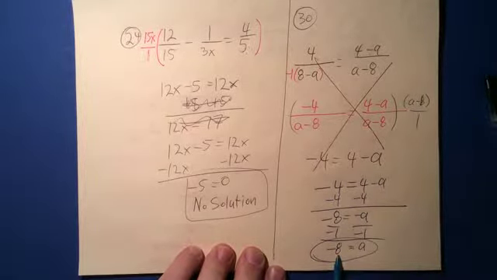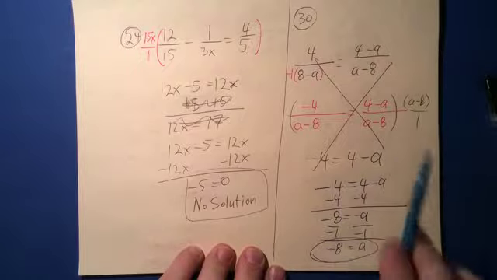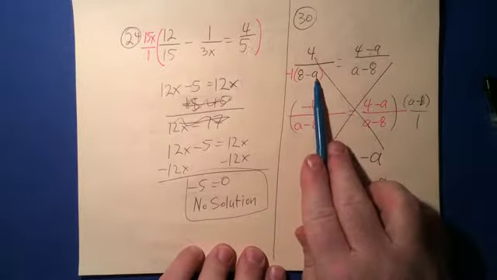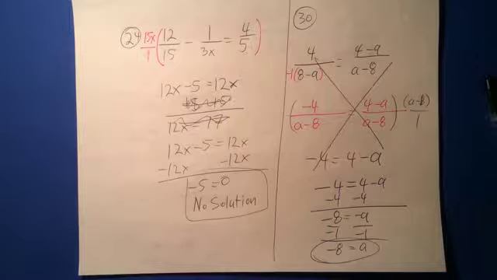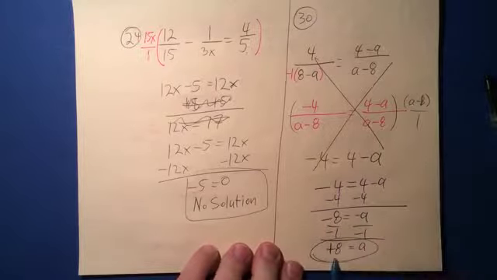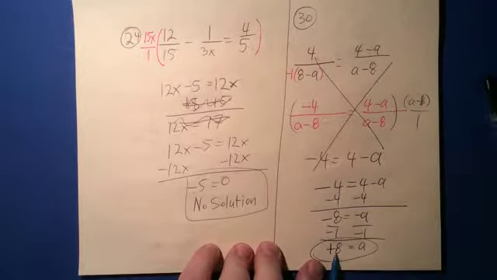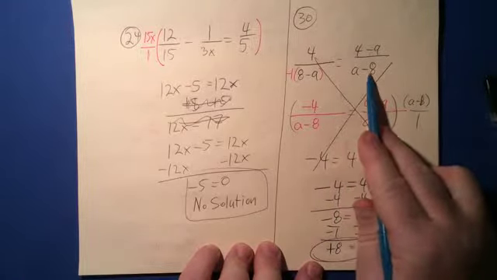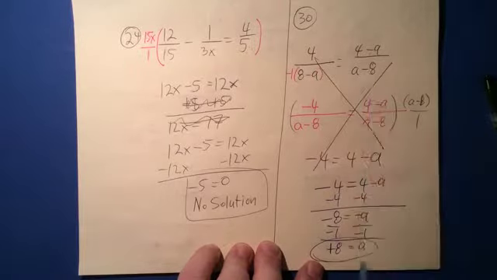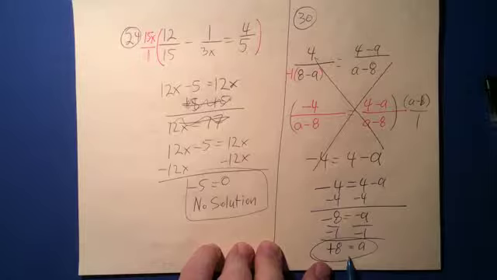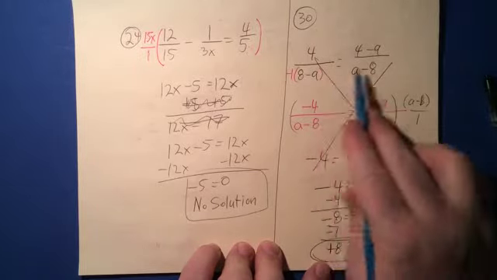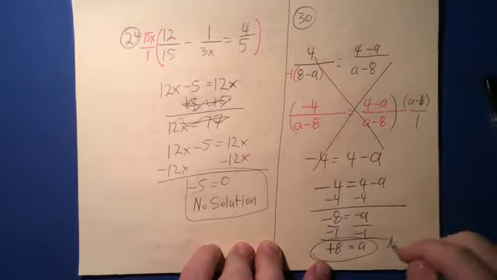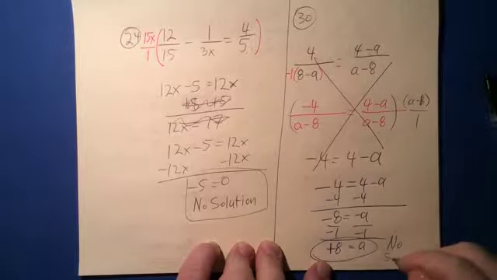Here's the problem. If we take the value of positive 8 and put 8 into here, 8 minus 8 will give us 0. So even though we obtain a solution, we cannot use it because it makes the denominator 0. It does not work. Therefore, there is no solution to this.